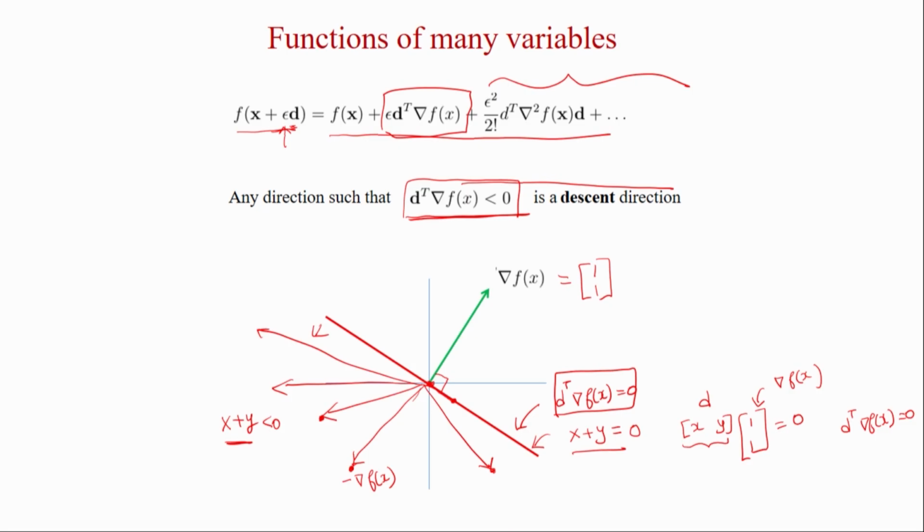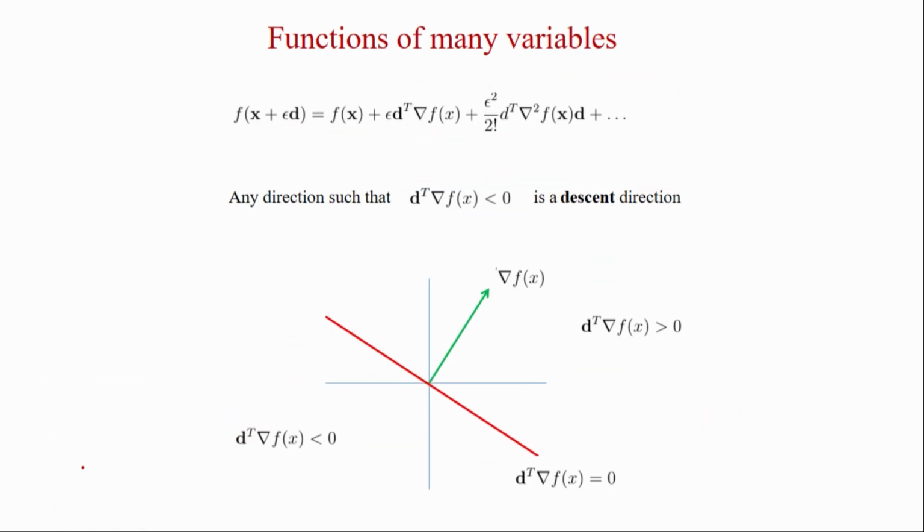So anything on this side is going to have x plus y less than 0. Anything on this side is going to have x plus y greater than 0. So any direction on this side is a descent direction, a direction in which I can move such that the function reduces.